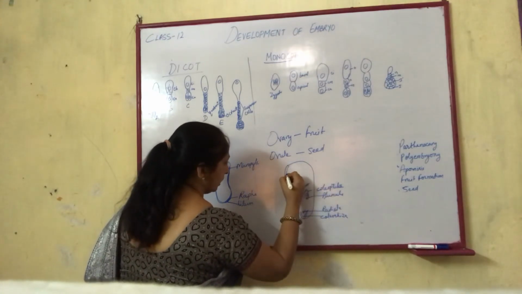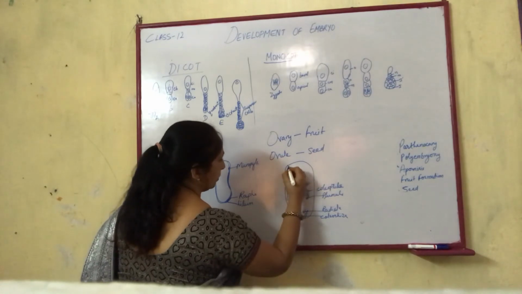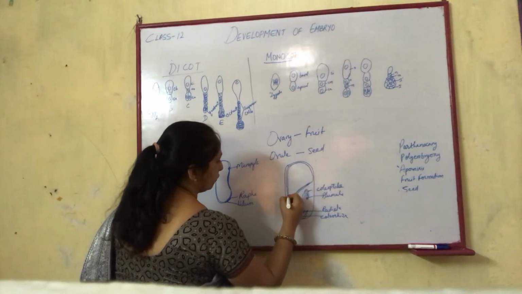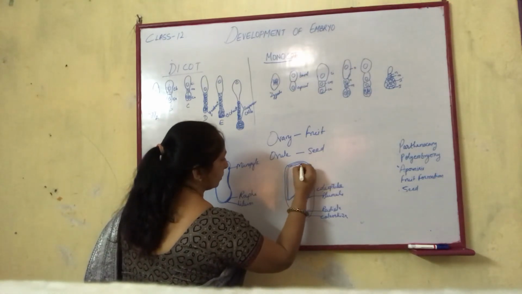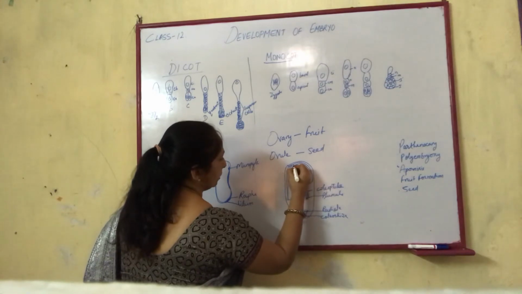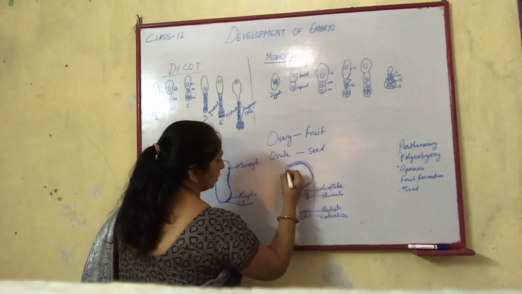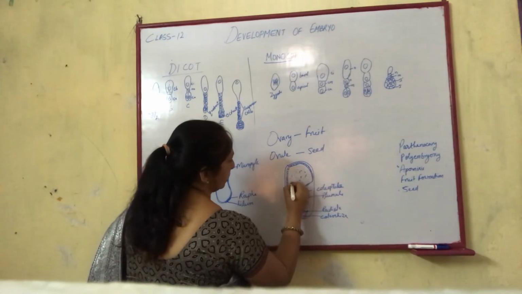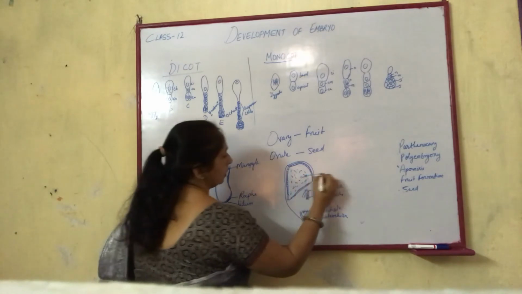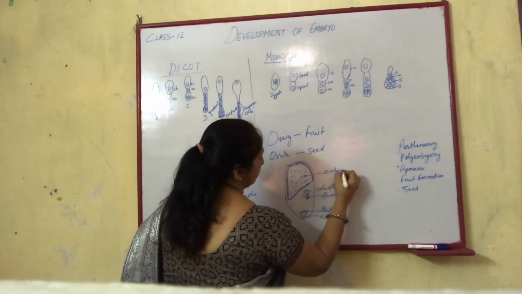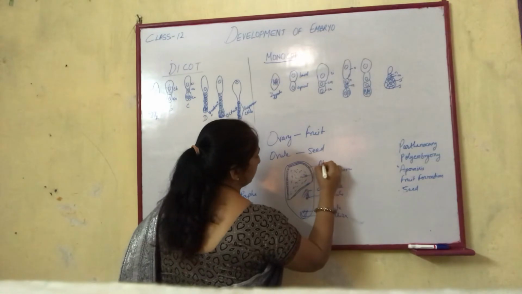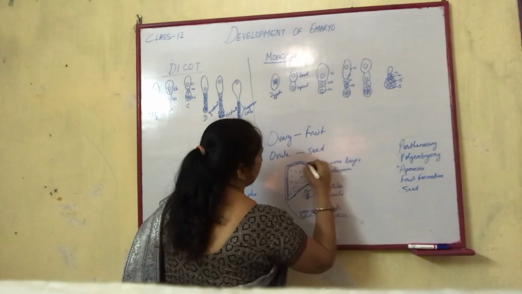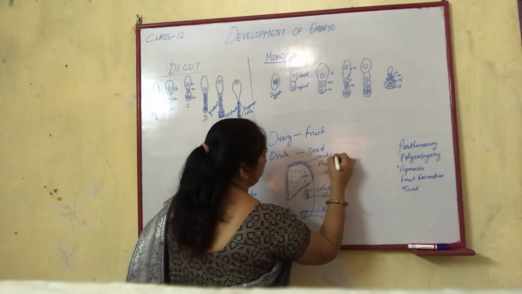Here a single layer is shown, this is the endosperm, and the outermost 2-3 layers of the endosperm form the aleurone layer. This is a monocotyledonous seed. This is the endosperm, the aleurone layer, and the outermost is the seed coat.